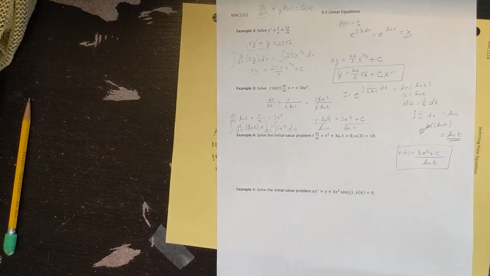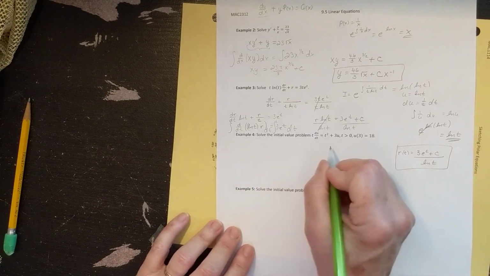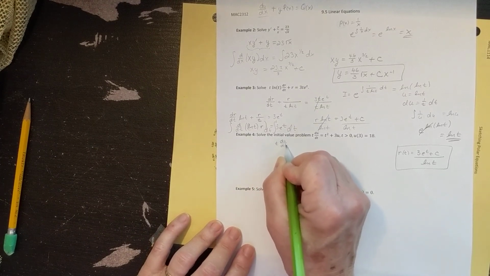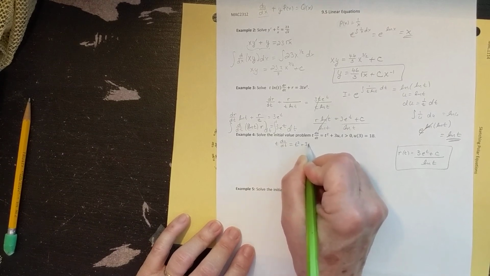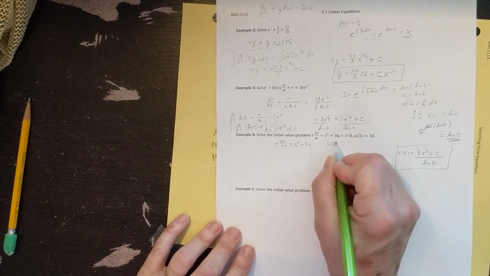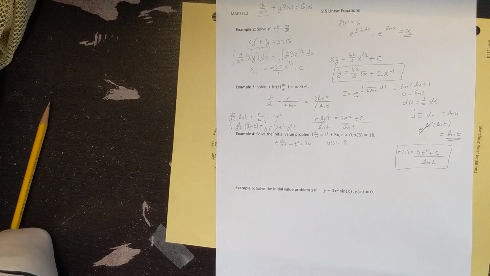Let's see here. Solve the initial value problem right here. t du/dt is equal to t squared plus 3u, for t greater than 0, and where the initial value u of 3 is 18. So they gave us this. All right, so let's look at this.